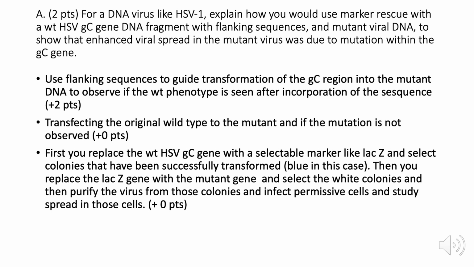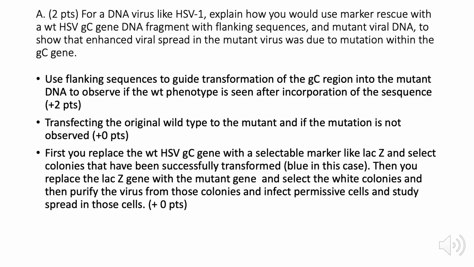And so one student said, use flanking sequences to guide transformation of the GC region into the mutant DNA to observe if the wild-type phenotype is seen after incorporation of the sequence. And that answer got full credit.